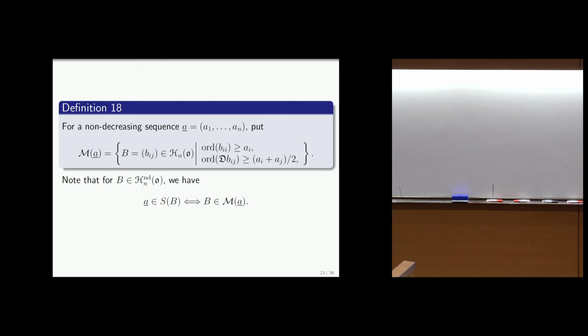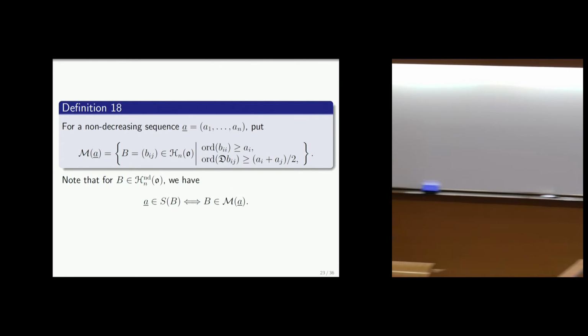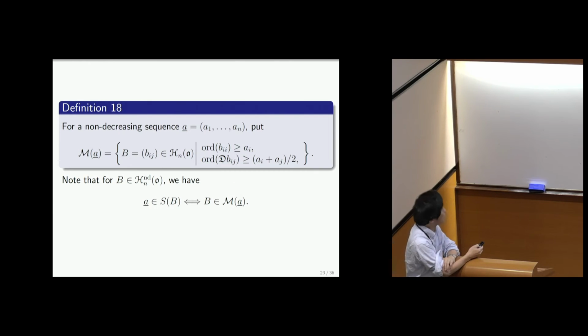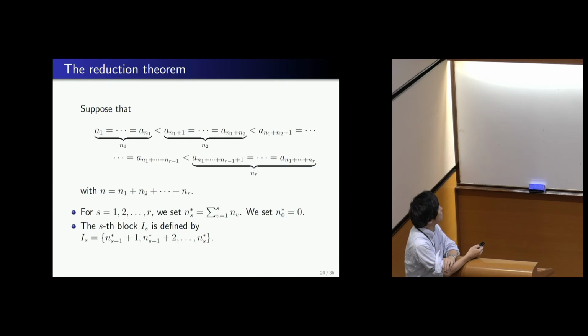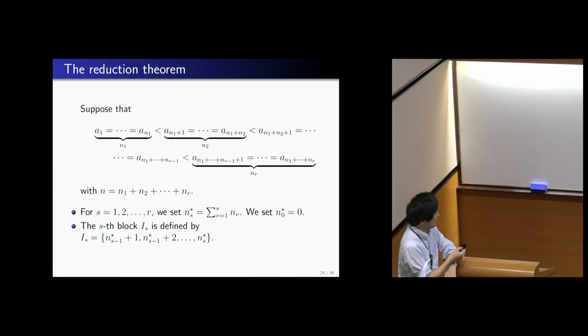So by definition, A belongs to S of B if and only if B belongs to M of A. Now I would like to explain the reduction theorem.